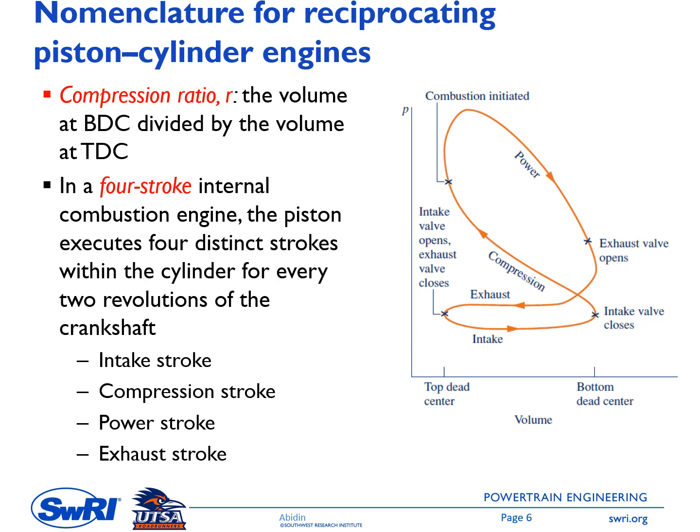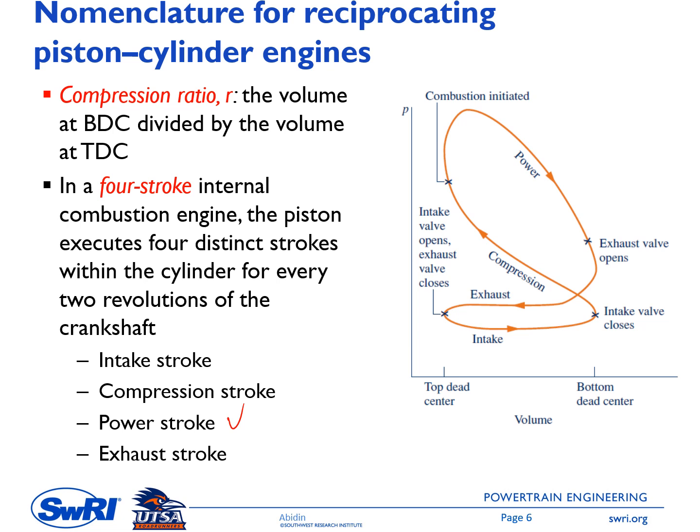And then the third stroke is called the power stroke, another 180 degrees of rotation. And then the exhaust stroke, again another 180 degrees. So we have another revolution of the crankshaft. So in a 4-stroke internal combustion engine, the piston executes 4 distinct strokes for every two revolutions of the crankshaft.